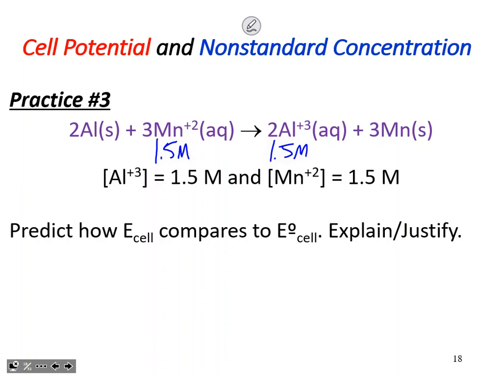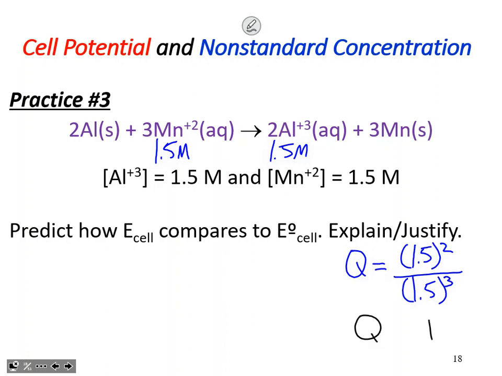If you just glance at it and don't consider the overall reaction here, it's definitely not going to come out what you would think if you don't look at the math, because it's going to be the 1.5 squared over the 1.5 to the third. So Q, what happens to Q here? Is Q going to be greater than or less than 1? Yeah, this one's less than 1 still.